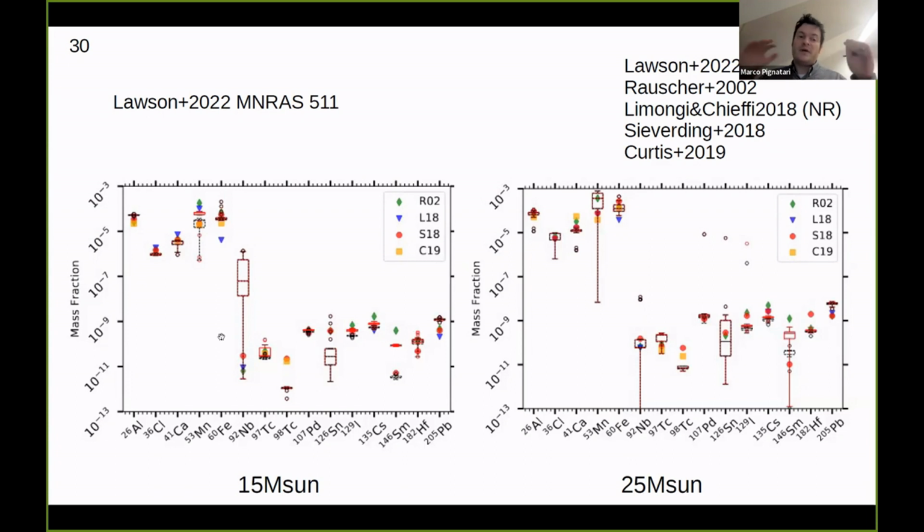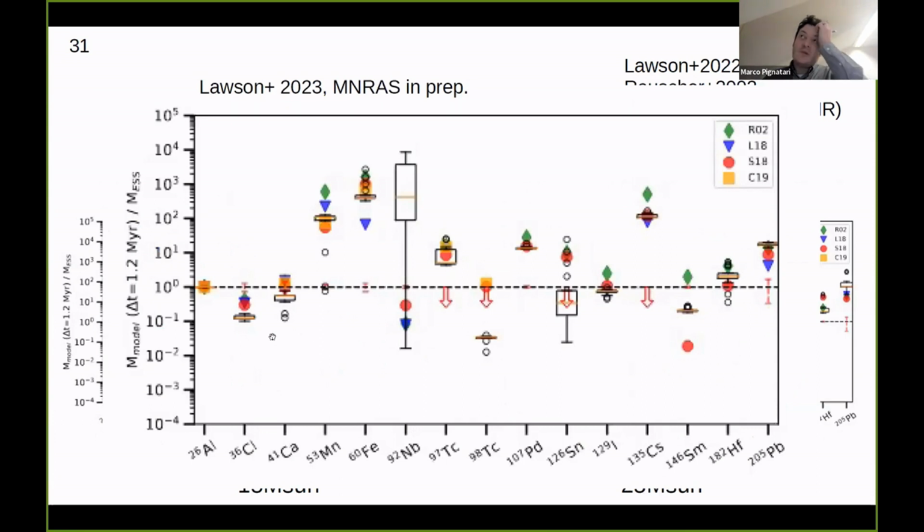So we compared the production of all the short-lived radioactives that are measured in the solar system, and now with the work that we're doing, again with Thomas, we are taking all this data and normalizing the distribution to aluminum-26, and after a given isolation time of this isotope, we are checking how the distribution looks.